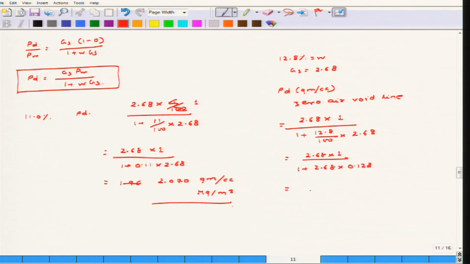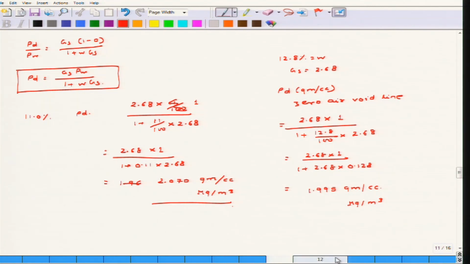That is equal to 1.995 gram per cc or megagram per meter cube, whichever unit is suitable for you. So this is for the zero air void line.